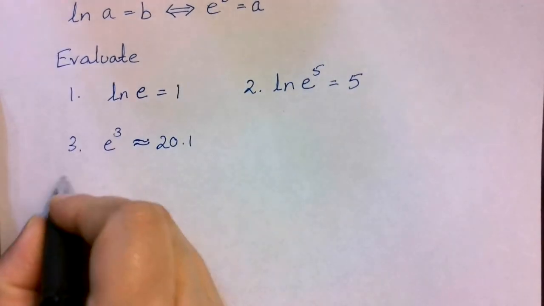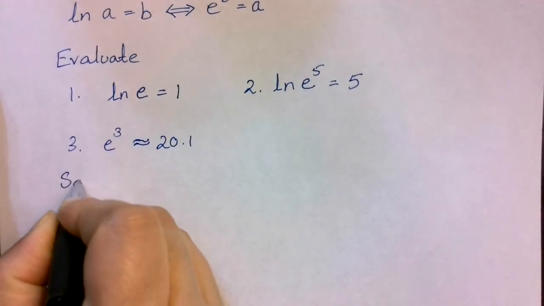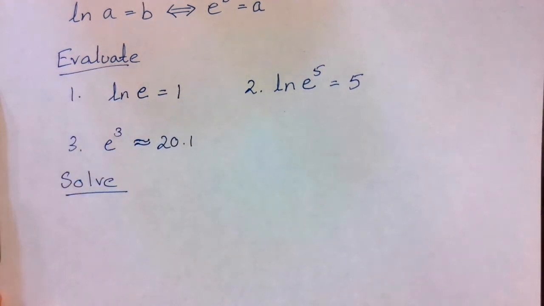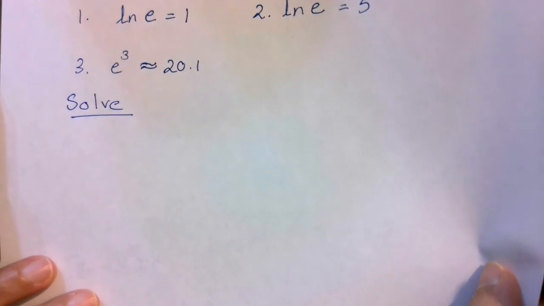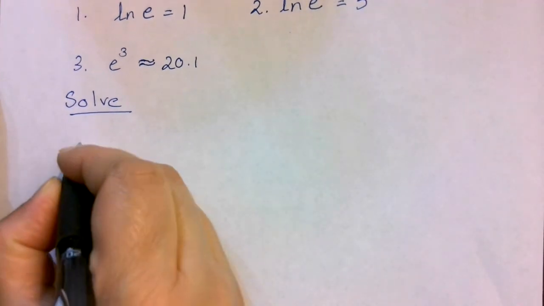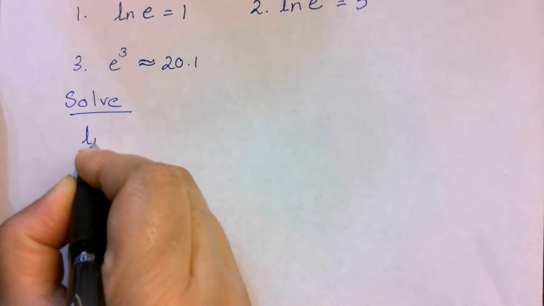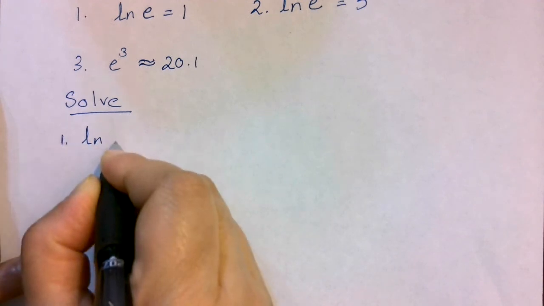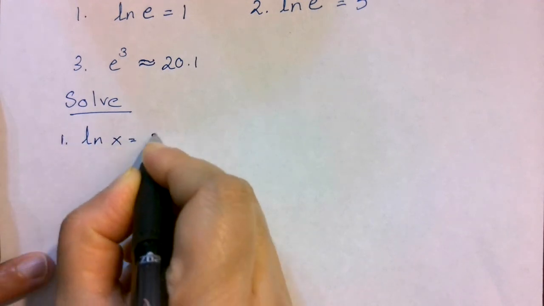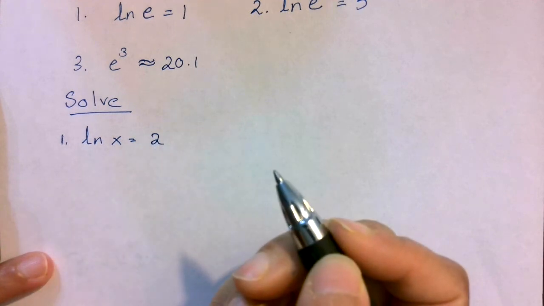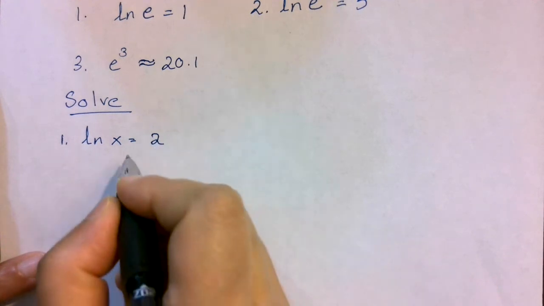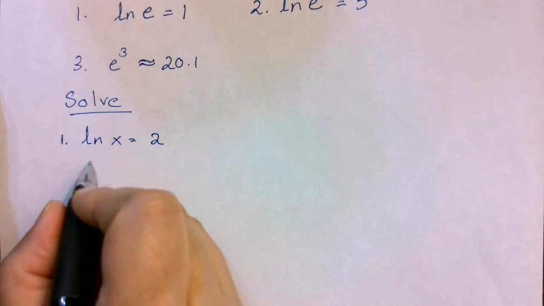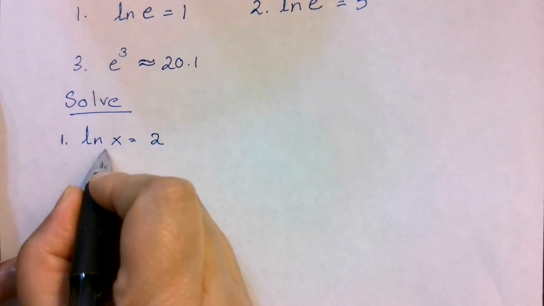Okay, now we'll try to solve some equations. Natural log of x equals 2. Okay, in order to solve this, you have to change it to exponential form. So you know that the base is e.